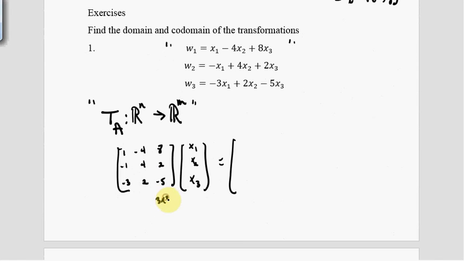This is a 3 by 3. This is a 3 by 1. So the result has to be another 3 by 1. What's in this 3 by 1 resulting matrix? W sub 1, W sub 2, W sub 3. I want you to see that this is the matrix A for this transformation, and these guys are my domain values. And here, my codomain or range.